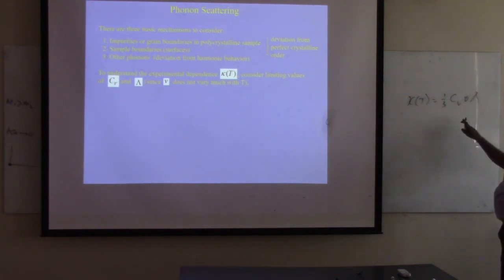Now we know with temperature how CV changes, right? Low temperature T cube, high temperature 3R. Velocity doesn't change too much with temperature. You can forget about this one. The only thing you need to know is how CV and gamma change with temperature. How is gamma changing?